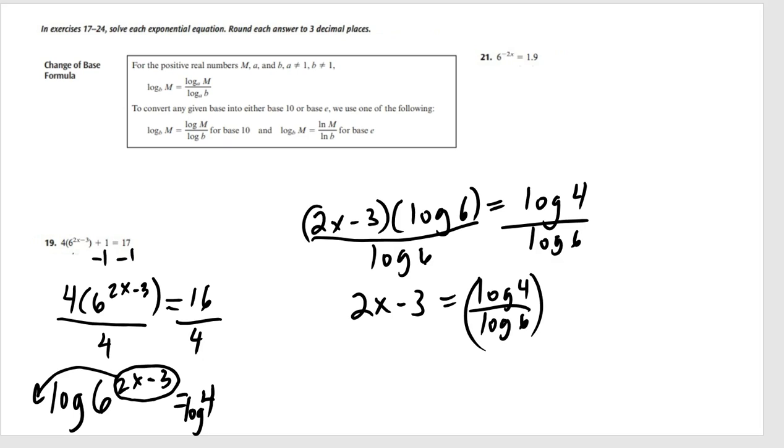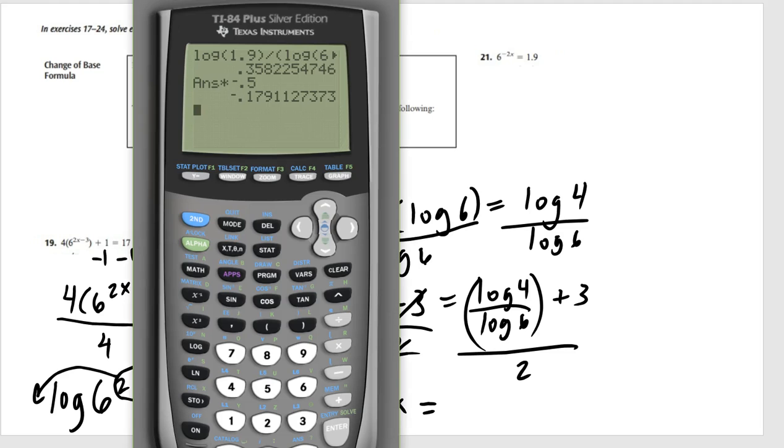So I'm going to add 3 to both sides. That will get rid of the 3. And now I'm going to divide both sides by 2. And that will be x is equal to, and I can put this in my calculator. I'm going to say log of 4 divided by log of 6.